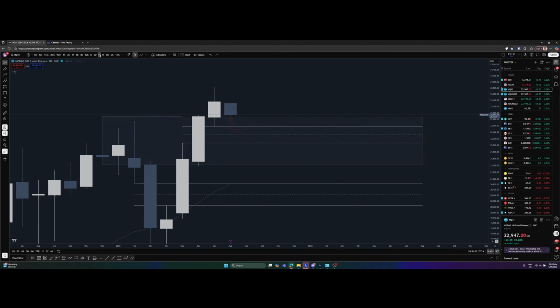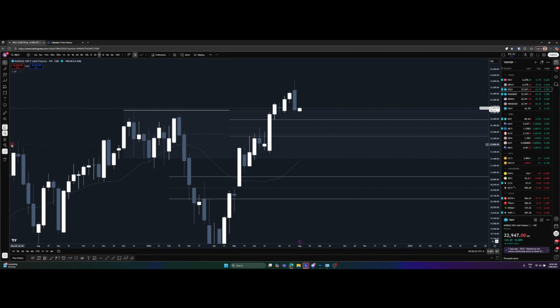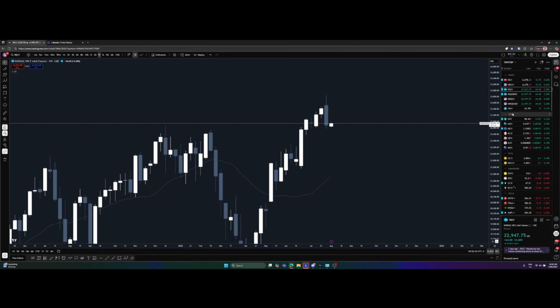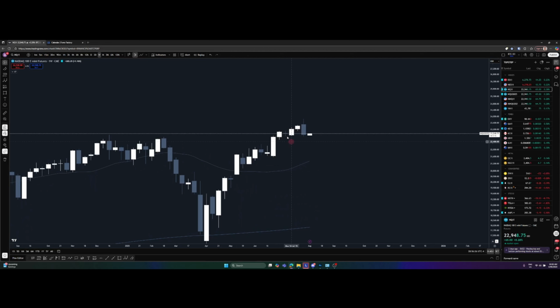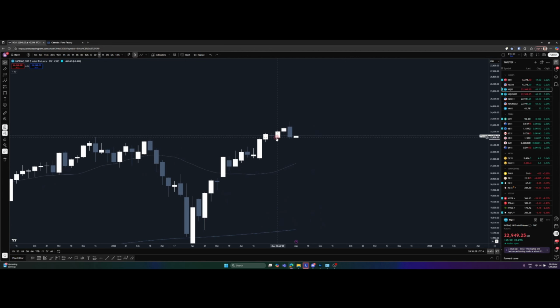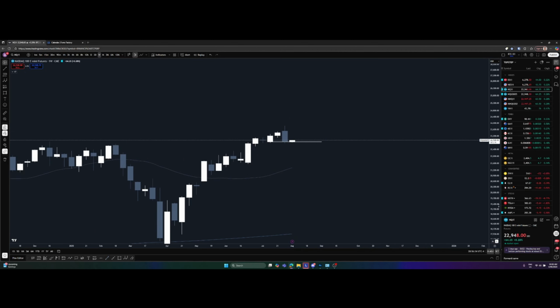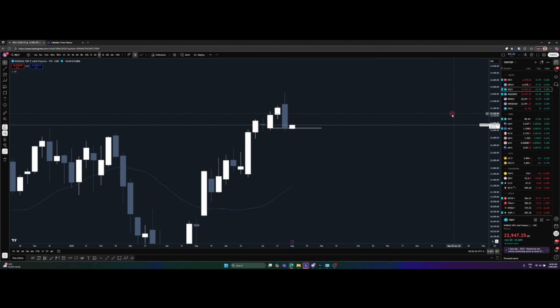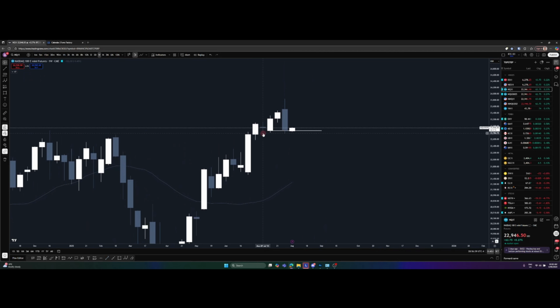Okay, let's go to the weekly. Clear our chart again. So we've had bearish engulfing, taking out these two candles here. Not quite closing below this one. Pretty close. We've only just swept this other low.